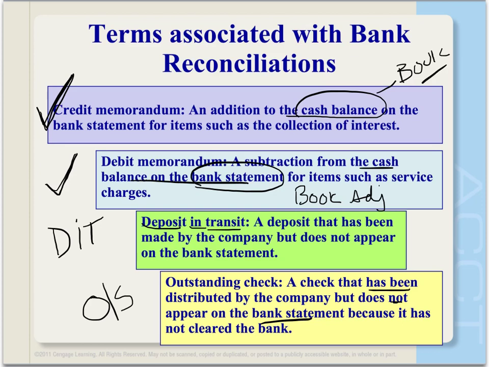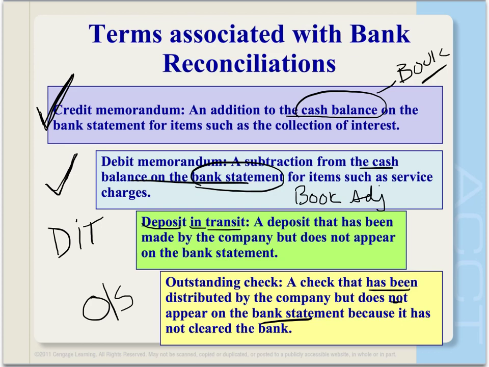So a deposit in transit, if we go back to that a minute, is a deposit that you have put in your company's checking account, but when you took it to the bank, it was closed and they don't have it in their bank statement balance. So therefore, when we look at the bank statement, we need to pretend what if they had all the deposits, as well as what happens if all the checks that are outstanding clear.